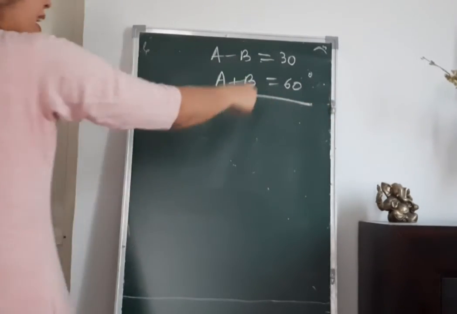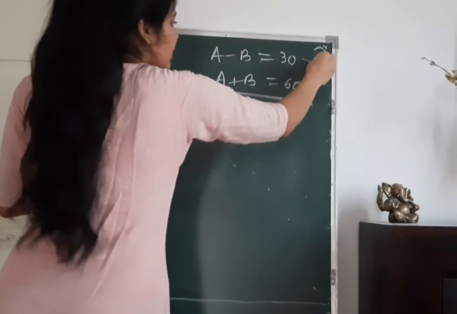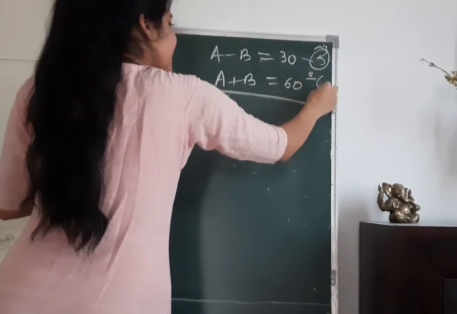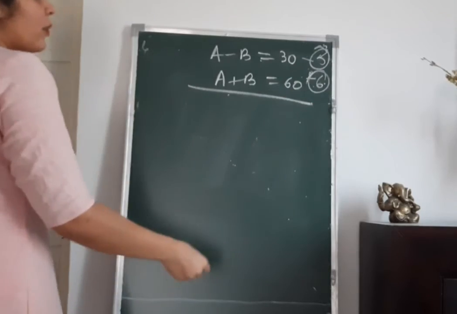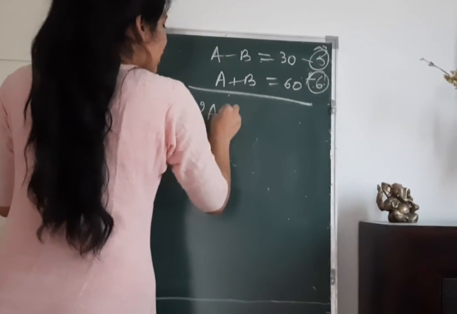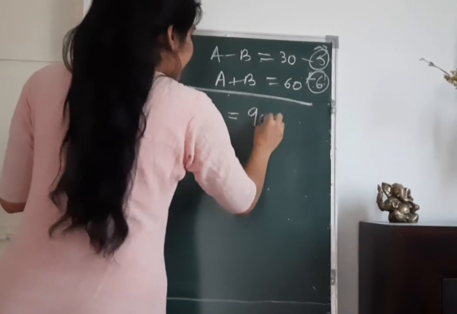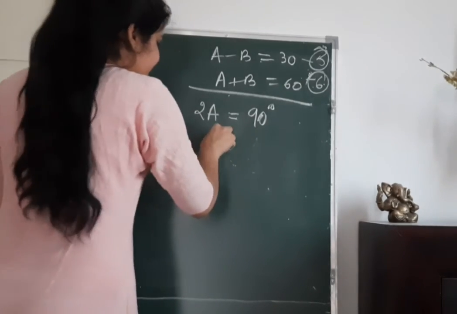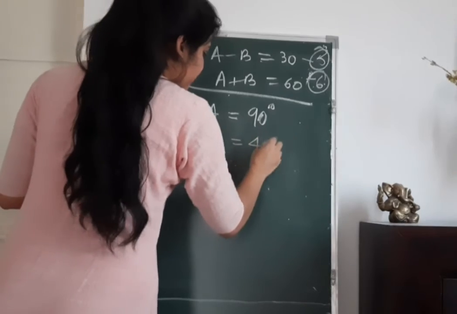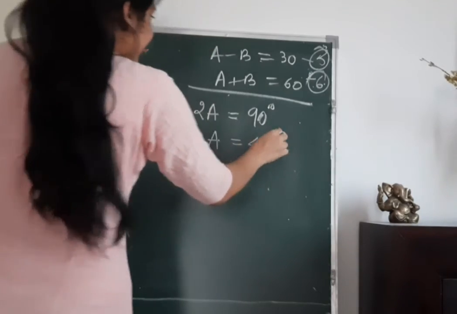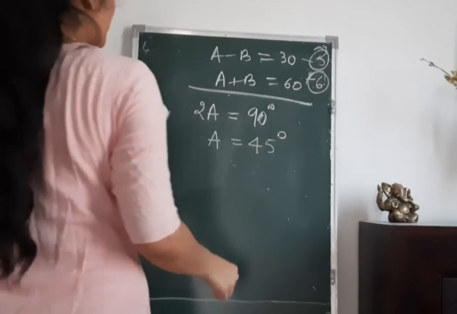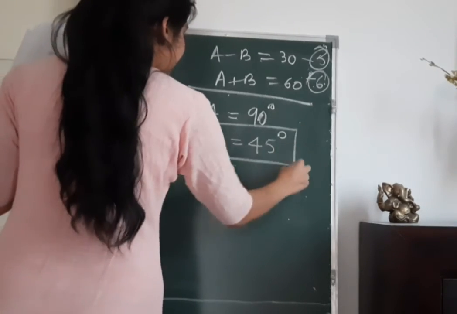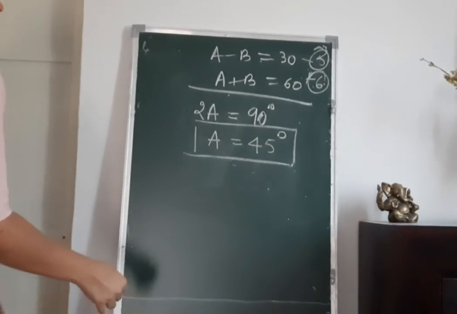Now let's add these two equations, let this be 5th and this be 6th. Adding both the equations, I get 2A on the left hand side and 60 plus 30, which is 90 degree. That's how I get A as 45 degree.